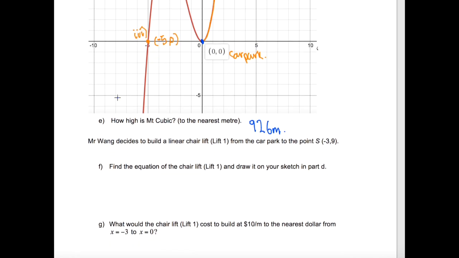Okay, find an equation of the chairlift. Well, that should be reasonably straightforward. We know that it's linear, so y equals mx plus c. To find the gradient, it's y2 minus y1 over x2 minus x1.